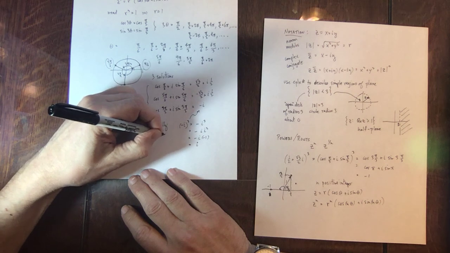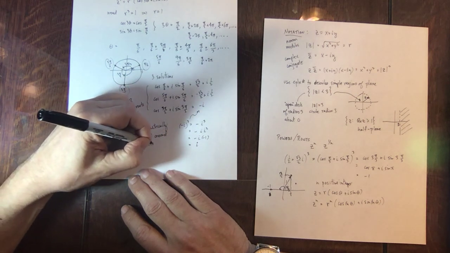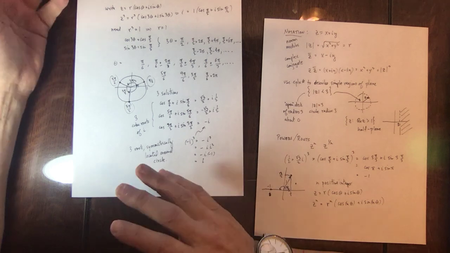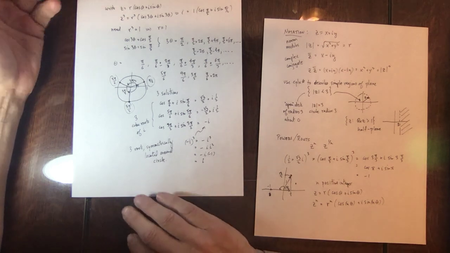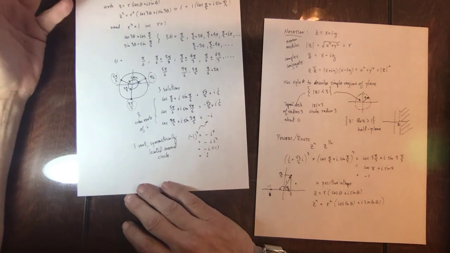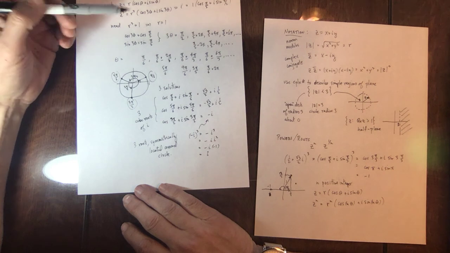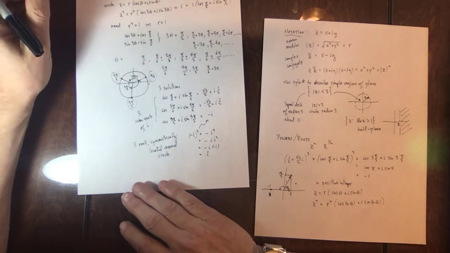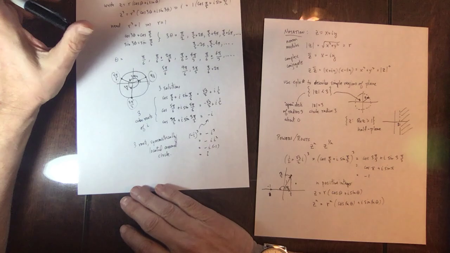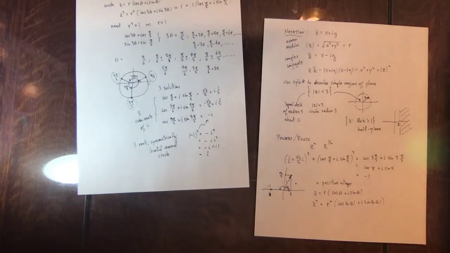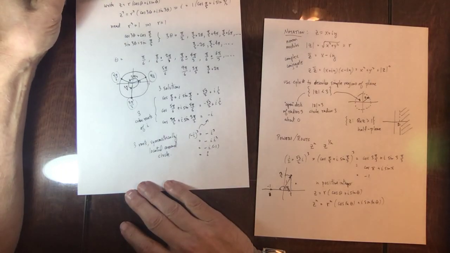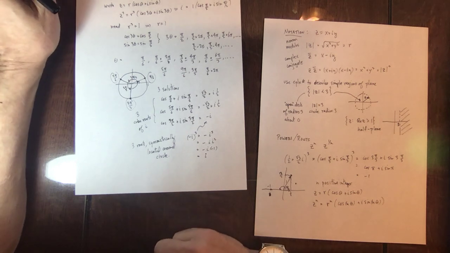around the circle. Now in this example, I took I, which had length 1, so the root also had length 1. But if I had taken some other length, then I would end up with solutions which were not length 1, but their length would be the cube root of the length of whatever number I was starting with.